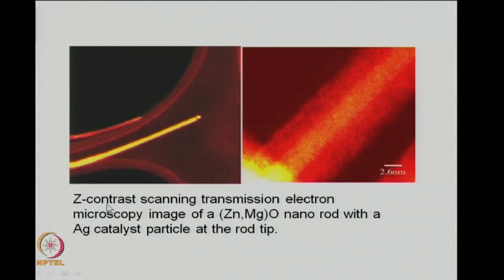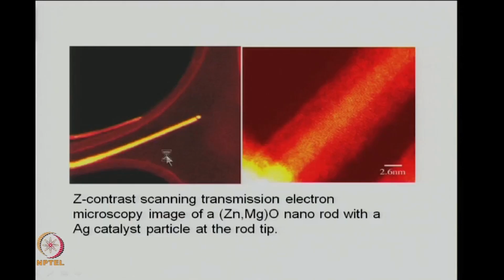So, this also clearly shows you that the mechanism that we discussed is correct, that you have a liquid droplet at the tip of the nanorod which is growing to give you the ultimate nanostructure, and that liquid droplet is of the catalyst. In this case, the catalyst is silver and the rod which is growing is zinc oxide.